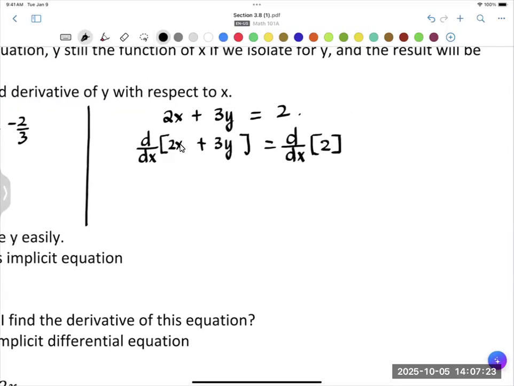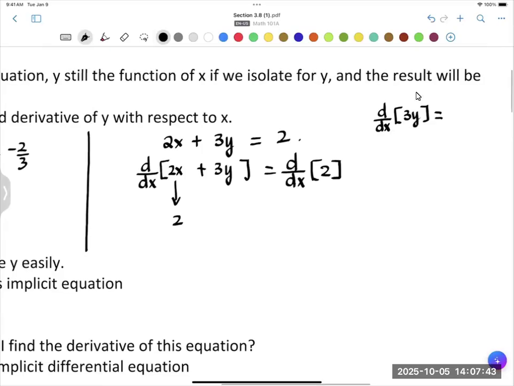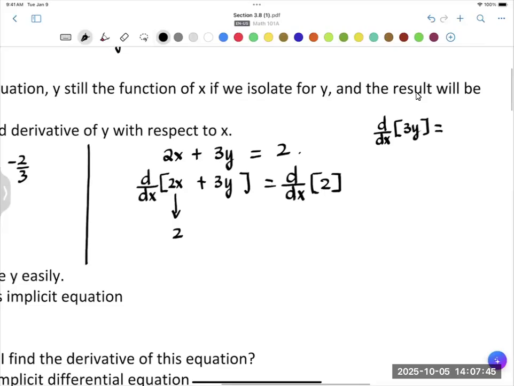What is the derivative of 2x? The derivative of 2x is 2. And how about the derivative of 3y? This is no longer the variable x, right? Whenever the variable is not x, if you remember, we have the chain rule.